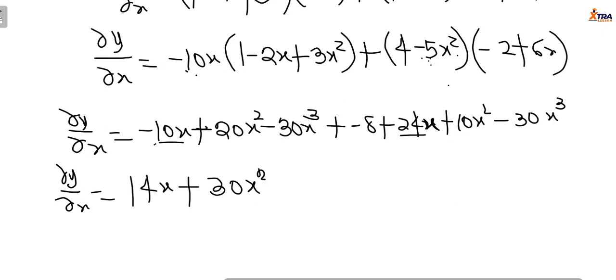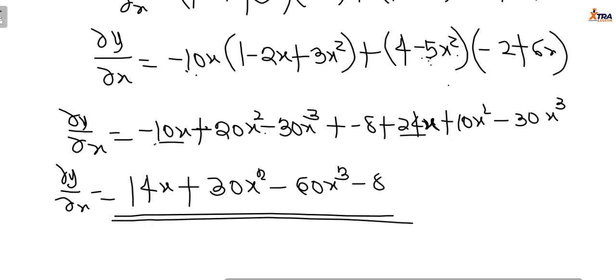So the one with x to the power 3, we are having minus 30 minus 30, that will be minus 60x to the power 3. So now we have constant, which is minus 8. So that's the end. So that's the final answer.